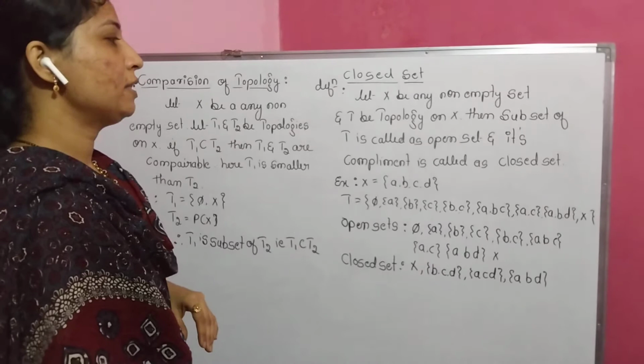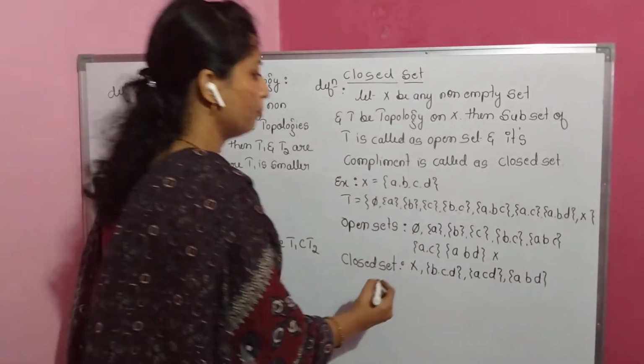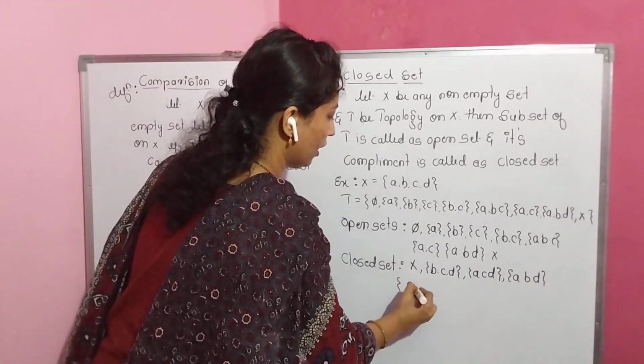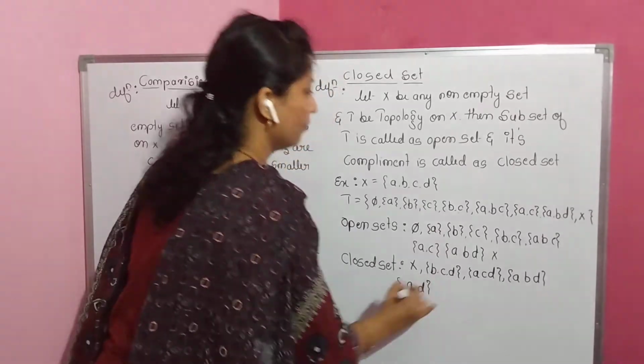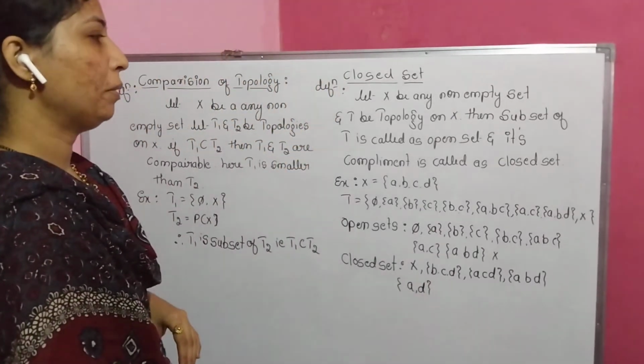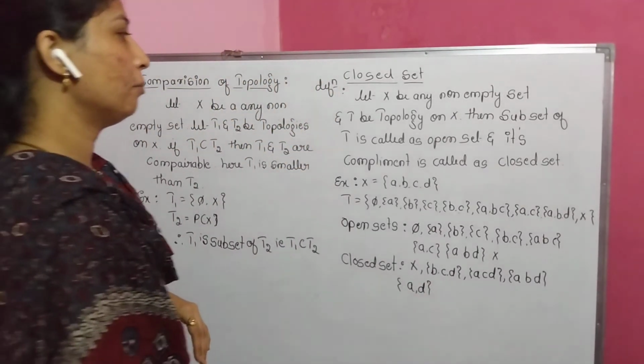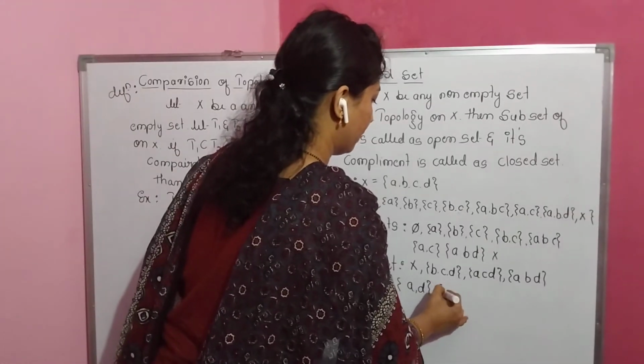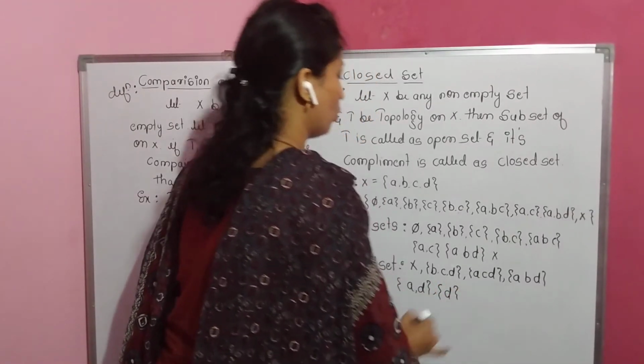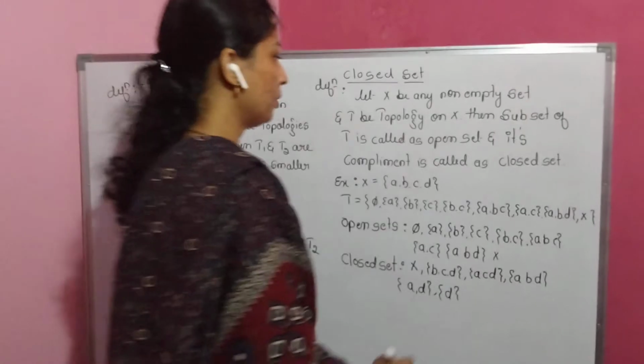Next, BC. Complement of BC is nothing but AD. Complement of ABC is nothing but D. Complement of AC is nothing but BD.